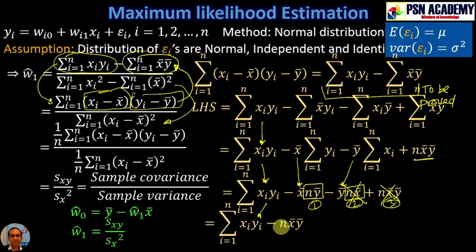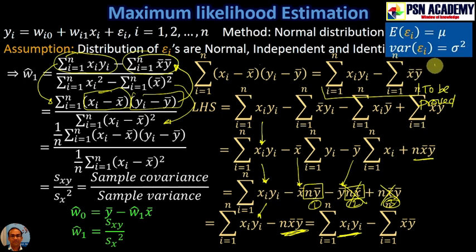So 1 minus n x bar y bar is there. Now you can take the equivalent like this, that if this is the first part, it is as usual, and in the second part, second term, you have n times x bar y bar, so you can put it in the summation form like this. So you have got this, the right hand side here. So this is actually the right hand side.